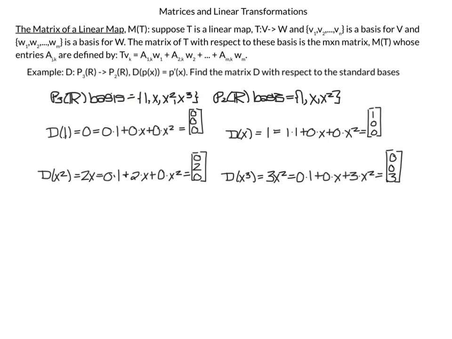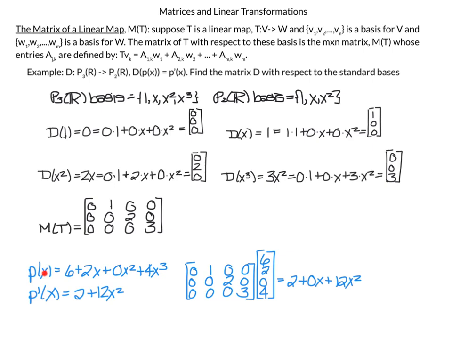We take the derivative to get 3x squared, which in terms of our P2 vector space is 0 times 1, 0 times x, and 3 times x squared, or the 0, 0, 3 vector. This means our transformation matrix is equal to our first vector, 0, 0, 0, our second vector, 1, 0, 0, our third vector, 0, 2, 0, and then our last vector, 0, 0, 3.